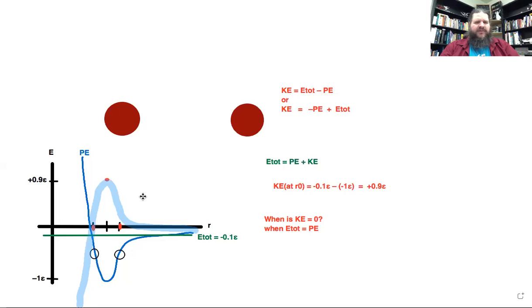And that means, do we still have an R min and an R max here? If we go back to the idea of finding locations where kinetic energy is 0 by looking for those intersections, do we still have locations where E total equals potential energy?